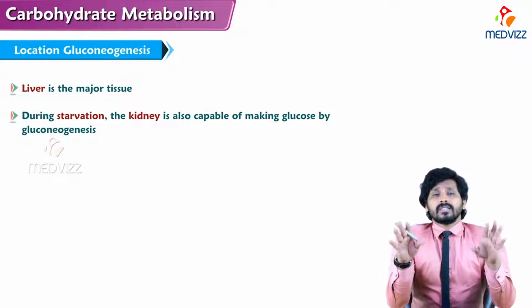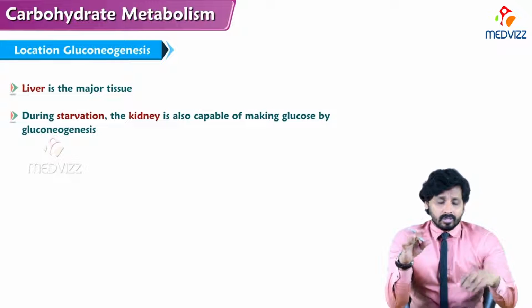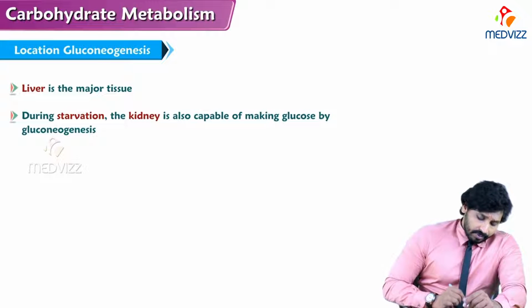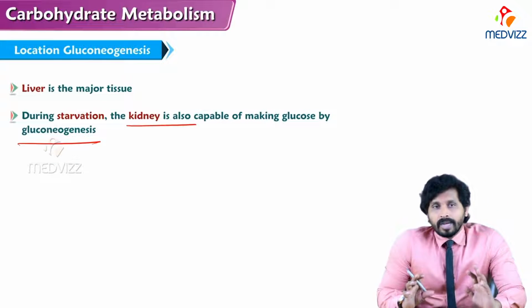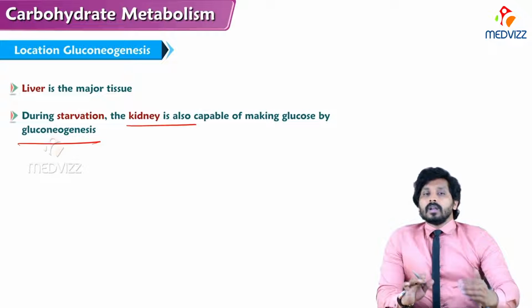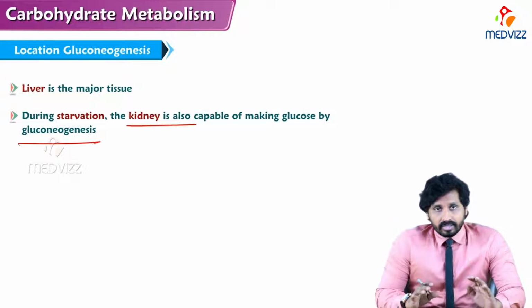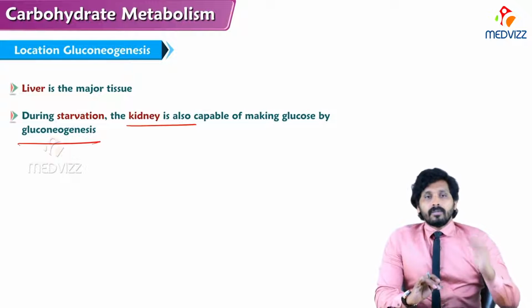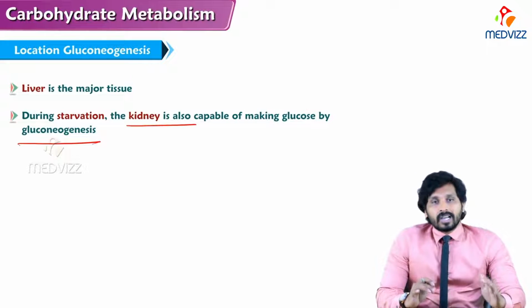This specifically takes place in case of starvation, and the kidney is also capable of making a little glucose by gluconeogenesis next to the liver. Gluconeogenesis takes place when there are decreased levels of glucose in circulation, in conditions like starvation.